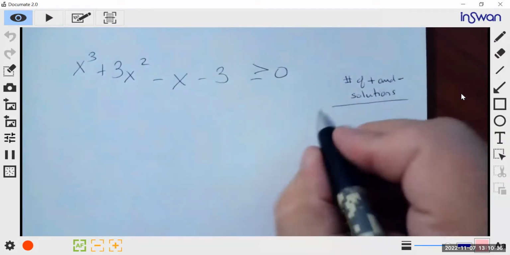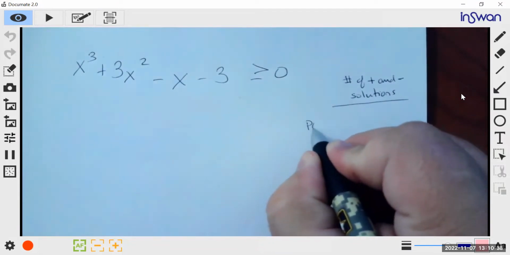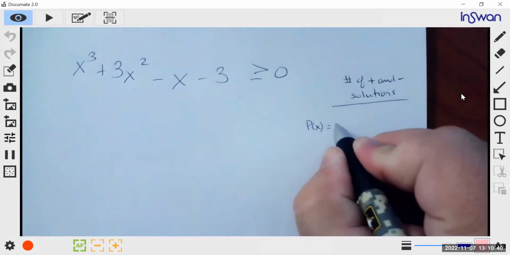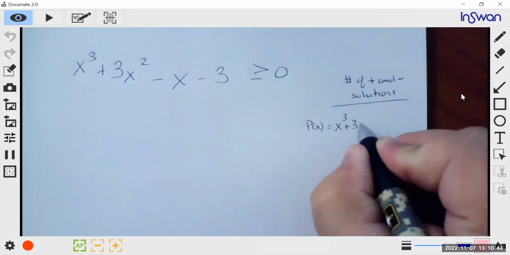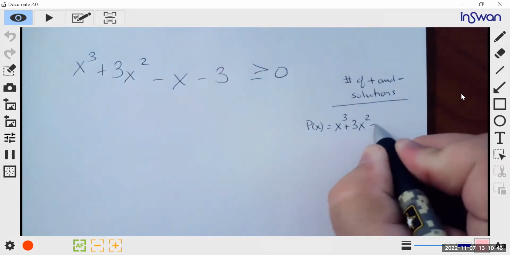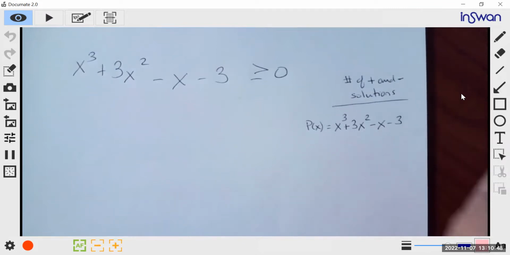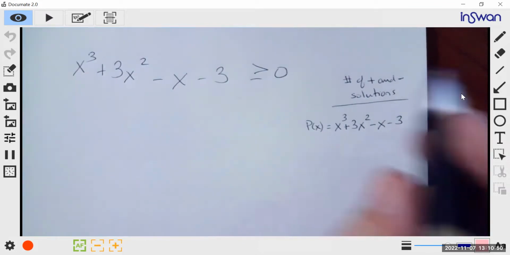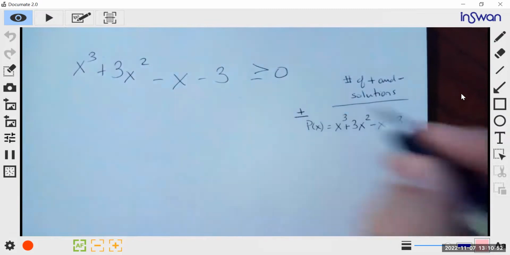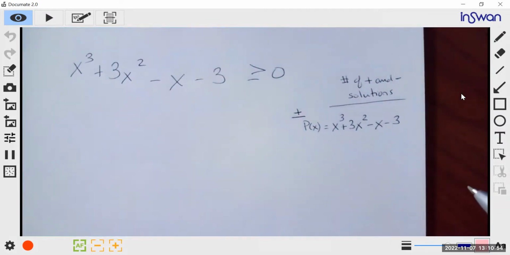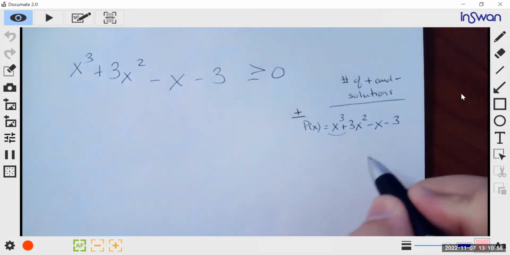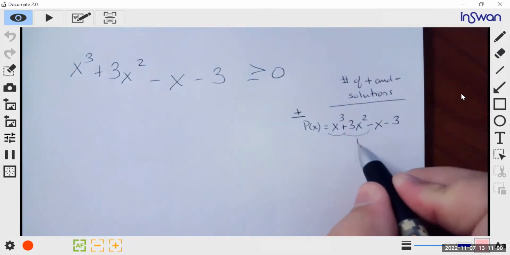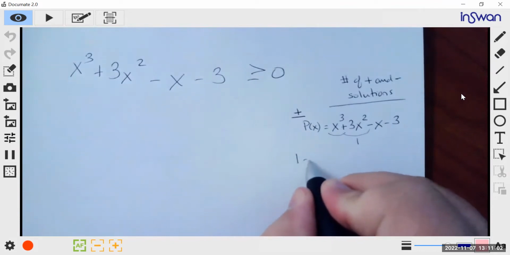Remember how we do that? So we're looking for the positives in this one. Number of sign changes. Positive, positive, nope. Positive to negative is 1. So we'll have 1 positive answer.